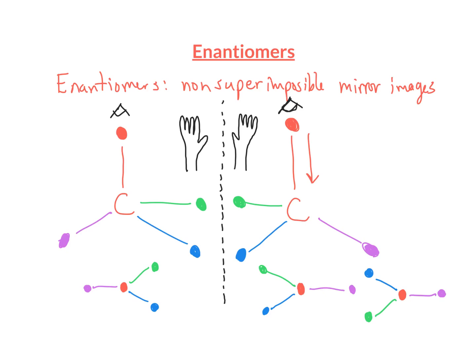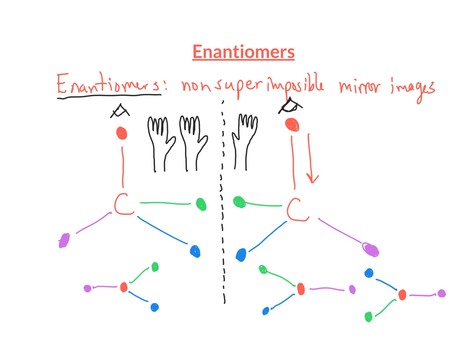They are mirror images of each other, but again, just like in the previous case, they are non-superimposable. I cannot take one image and overlap it with the other image. They will never superimpose over each other. They are non-superimposable mirror images. So that's what's important about enantiomers. They are non-superimposable mirror images of each other. They are a different 3-dimensional representation in space.